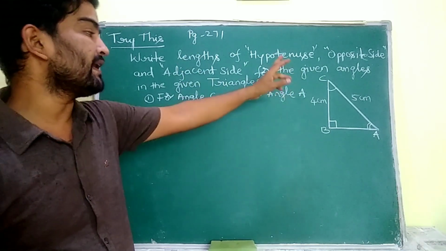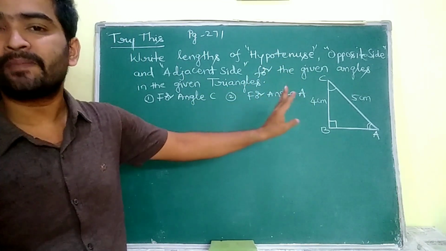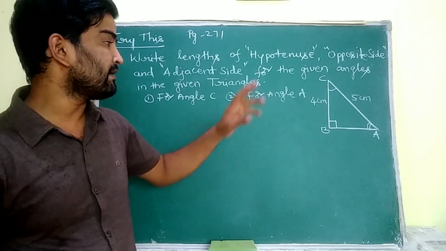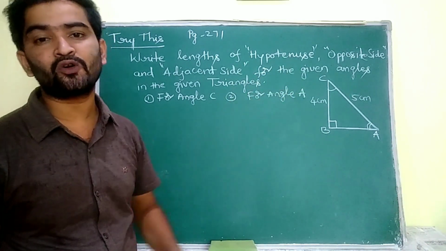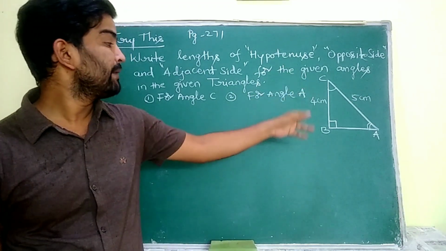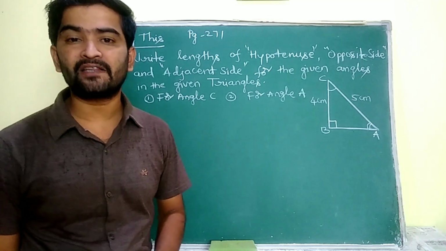See, in triangle ABC, angle B is 90 degrees, so it is a right angle triangle. In that right angle triangle, two of the sides are known to us. Now we have to find the third side AB by using Pythagoras theorem.